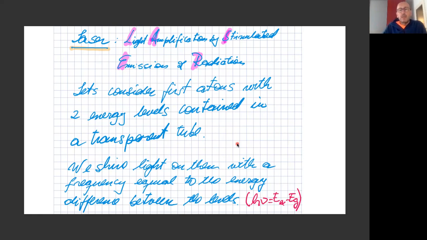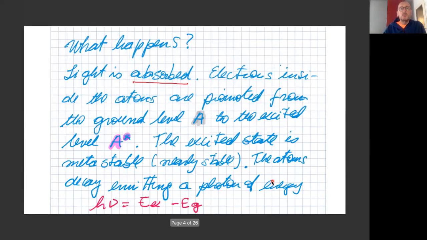So what will happen if I shine light on them with a frequency equal to the energy difference between the two states? We have the excited state here and the ground state. Okay, so that's the situation that I would like you guys to consider. The atoms are floating all over the place inside this tube. So what happens?